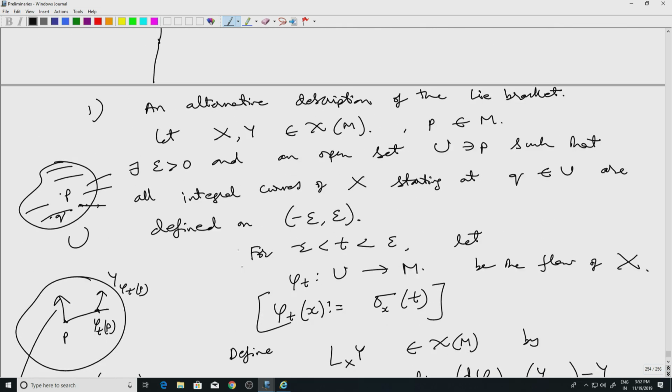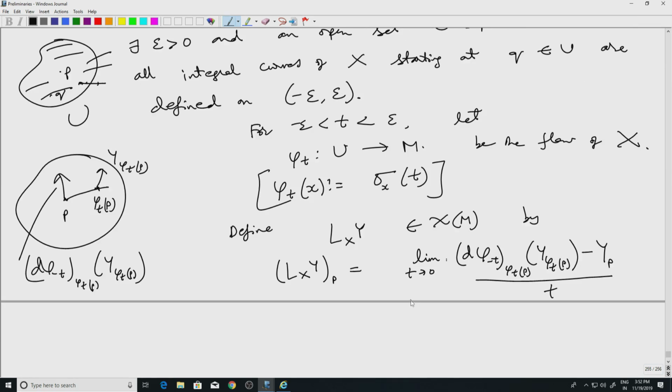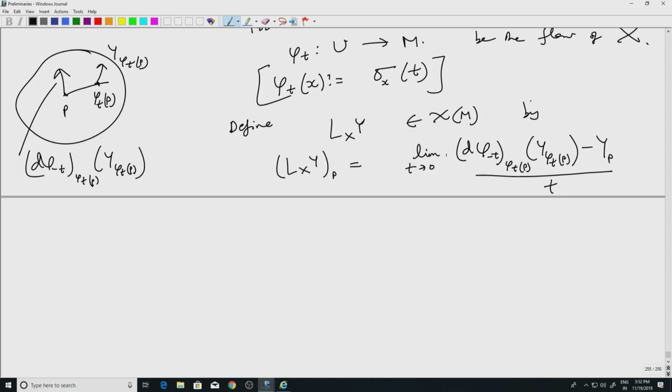So I have two vector fields to start with, X and Y. I use the flow of X, and actually the derivative of the flow map, to pull back the vector field Y at some point back to this base point P, and then compare with this Y_P, and then take the difference quotient and then take the limit as t goes to 0.